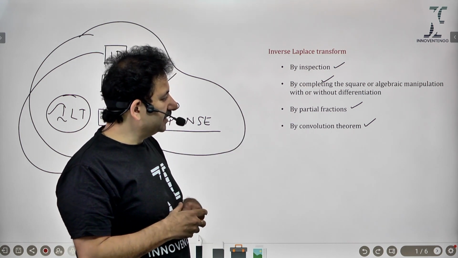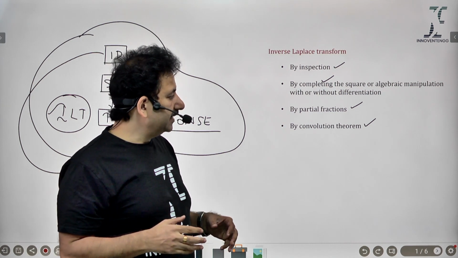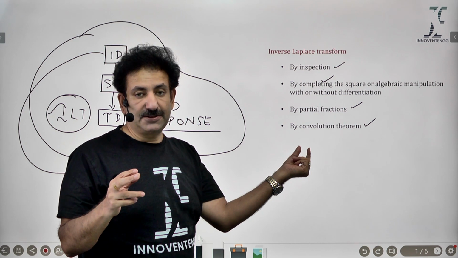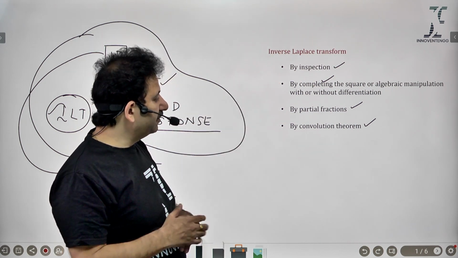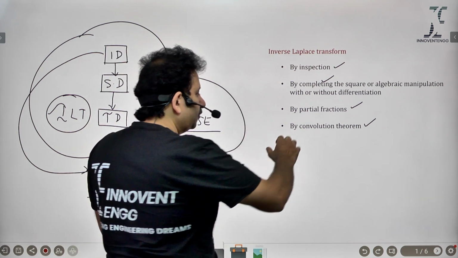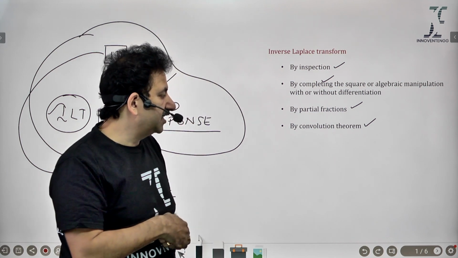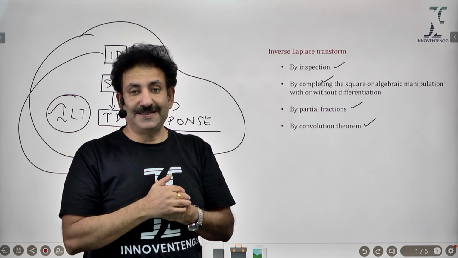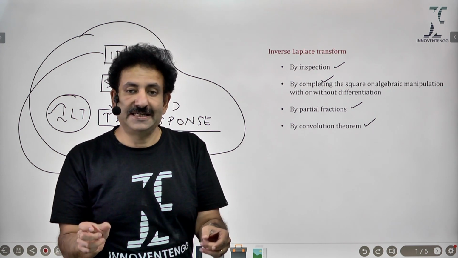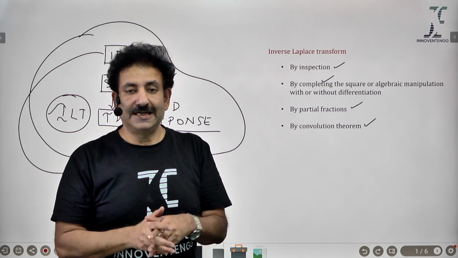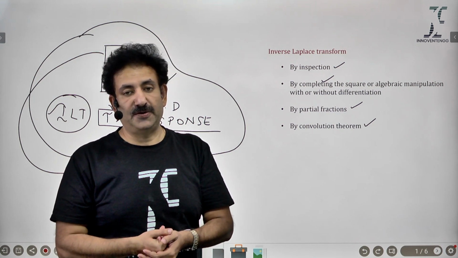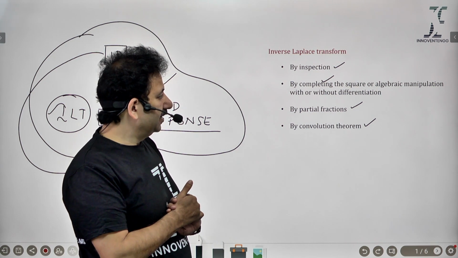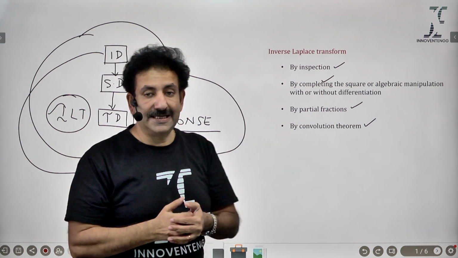And in the examination, if you get an opportunity, say for example, you have got a product of two Laplace transforms and you're not familiar with any of these methods, then you can directly go and solve using convolution theorem. All the skill demand as far as the last method is concerned is familiarity with integration. That's it. And remembering of a few formulae. So that is it. So let's start looking at things in greater detail.